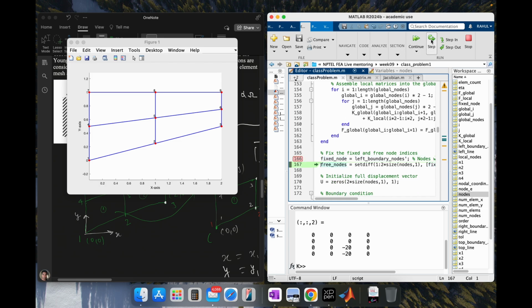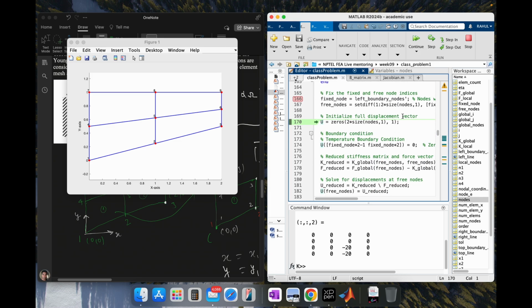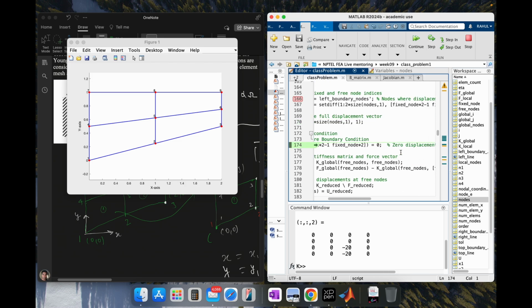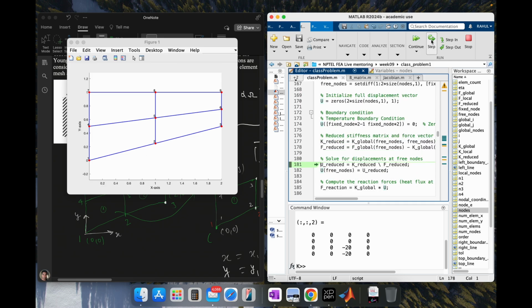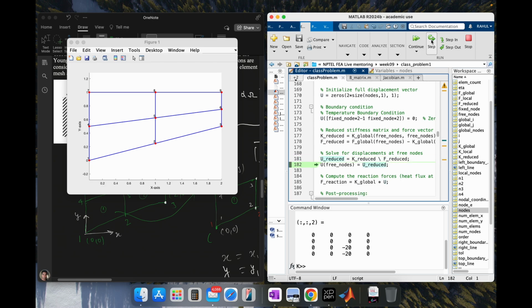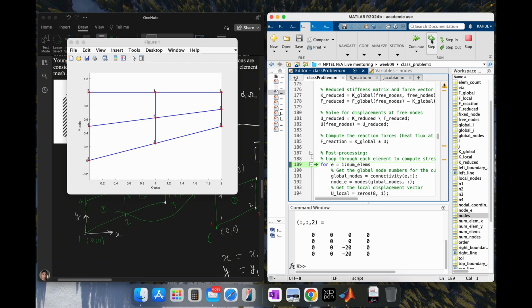Now it will initialize the displacements, which are all 0, and a Dirichlet boundary condition is given on the left boundary. Now it will find k reduced and f reduced, solve, and then find the reaction force.